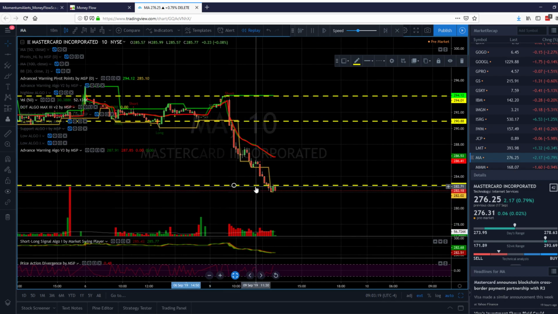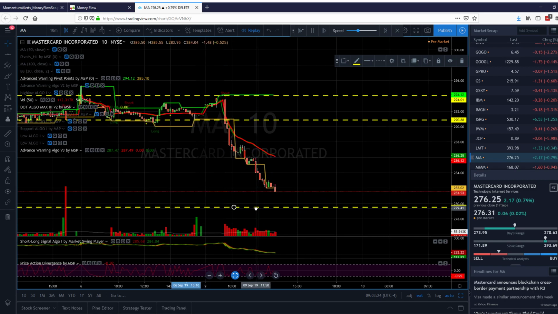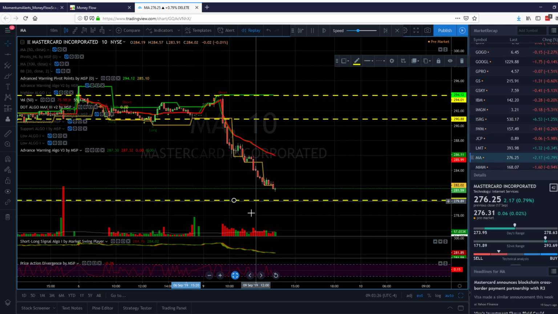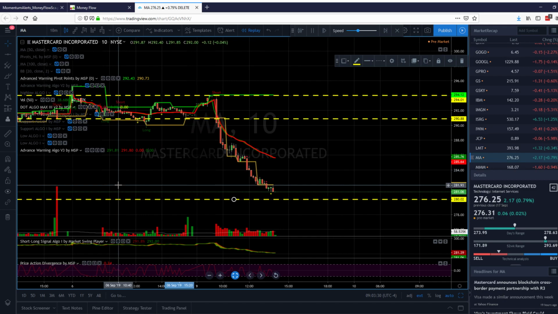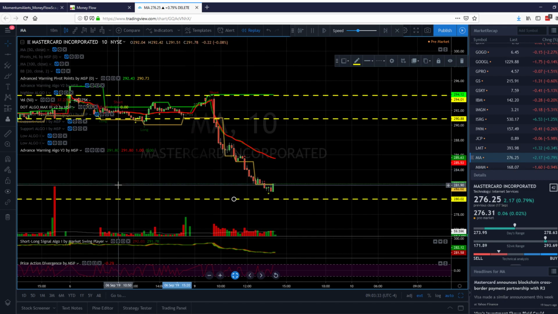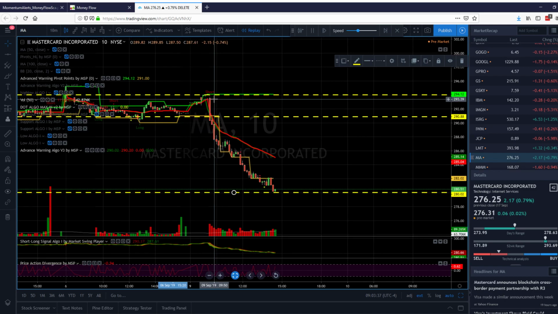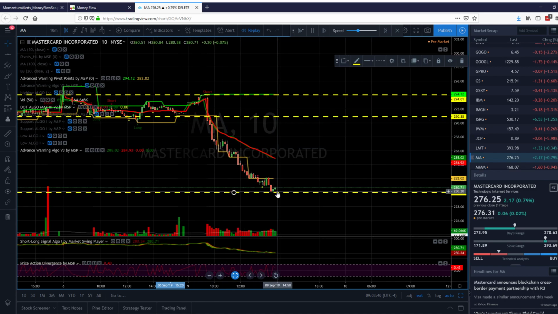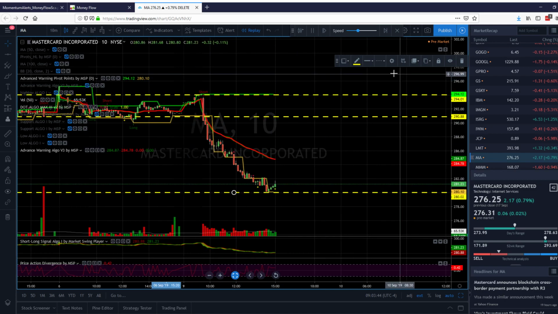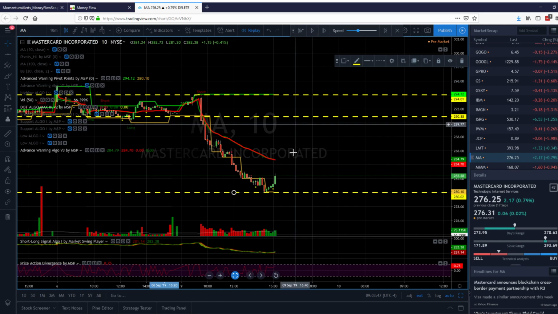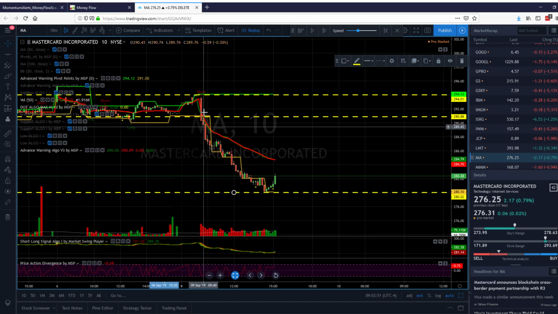Let's drag this down a little bit. So that was a real good trade. This thing went from 294 to 280. And how long did it take? Let's pause this, because it did hit the target, and you see how it bounced off of that price.